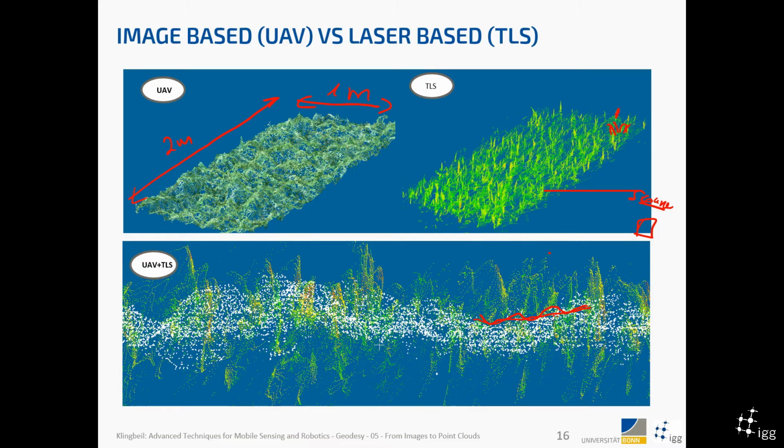This is a very good example that a laser scanned point cloud can resolve much finer structures, assuming that the laser spot size is not too big, than the image-based reconstruction can. This is a very extreme example, but it shows that the same surface looks very different depending on whether I do a laser scan or an image-based reconstruction.